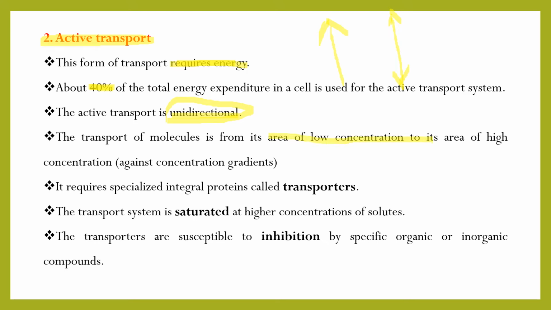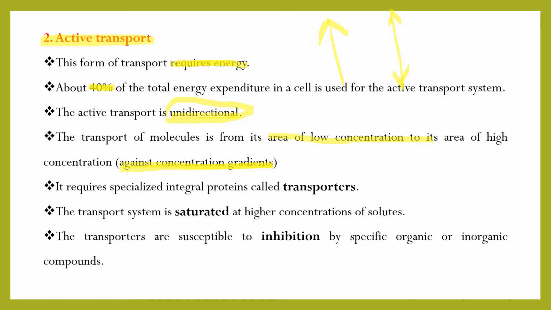In passive transport, the net movement of molecules is from areas of high concentration to areas of low concentration, that means along the concentration gradient. But in active transport, it is from areas of low concentration to areas of high concentration, or against the concentration gradient.